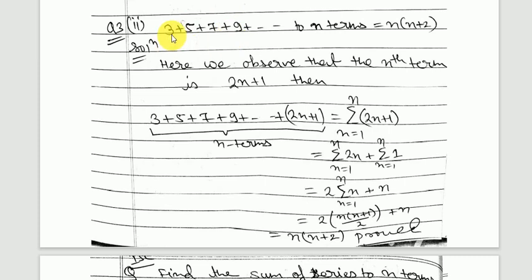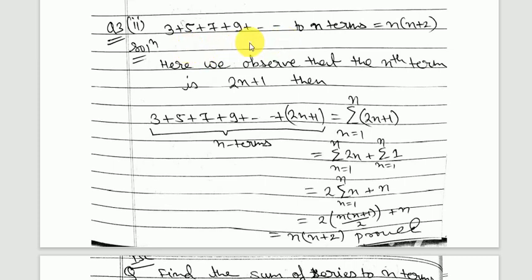If I want to write the second term, here the second term is 5, so I will write 2 into 2 plus 1. If I'm writing the third term, I will write 2 into 3 plus 1. If I'm writing the fourth term, I'll write 2 into 4 plus 1. So this is the pattern.